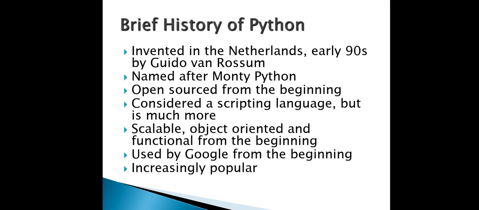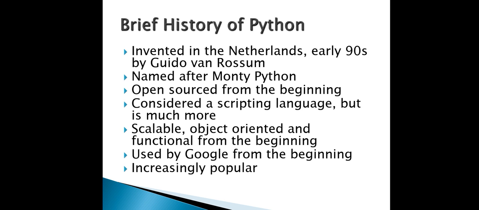Then you can say Guido van Rossum. It was named after Monty Python. The first name of Python was Monty Python. After that, only Python. Open source from the beginning. Considered a scripting language, but is much more. My dear friends, scalable, object-oriented, and functional from the beginning.